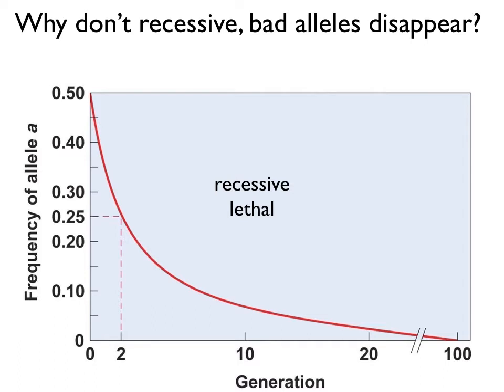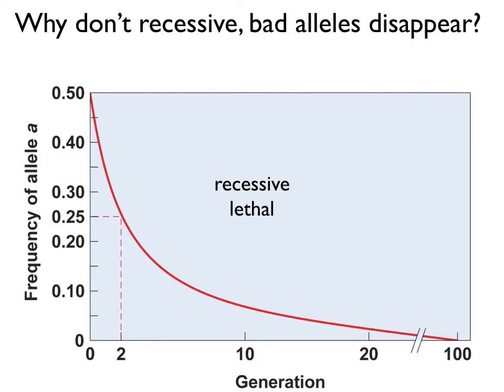But I want you to look at this graph. Look how rapidly, or slowly actually, this recessive a allele decreases in frequency from an initial frequency of 50%. What that means is that half of the allele copies in the population are this recessive a that is lethal in homozygotes.